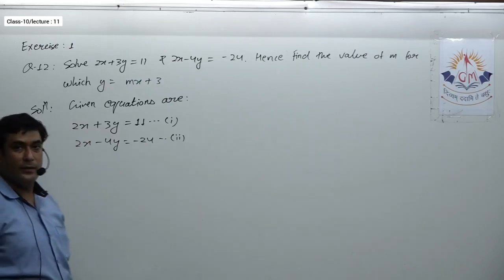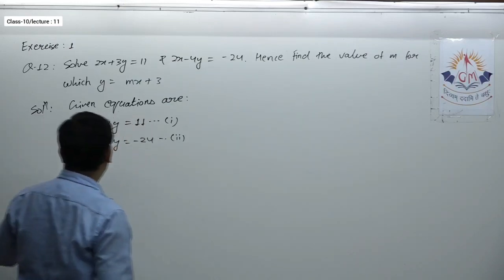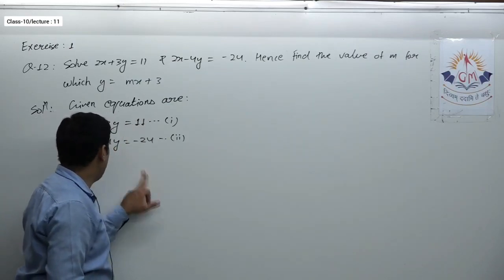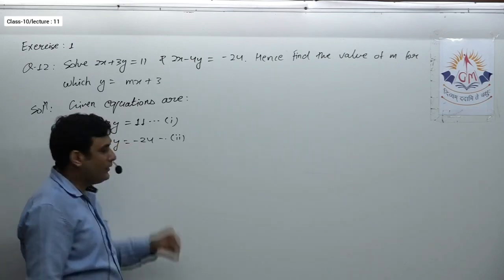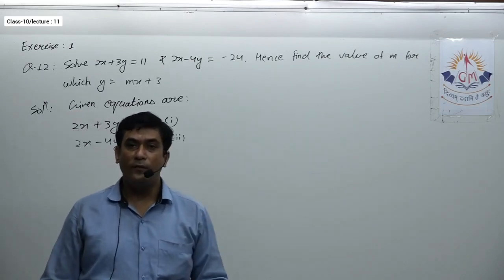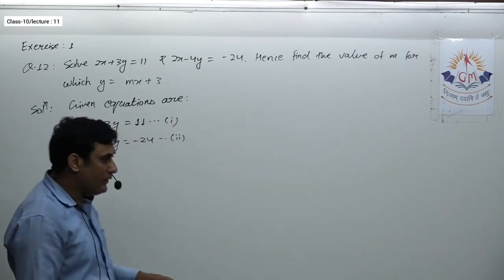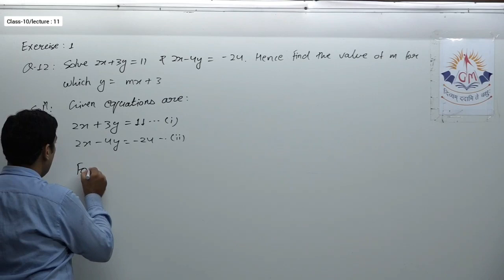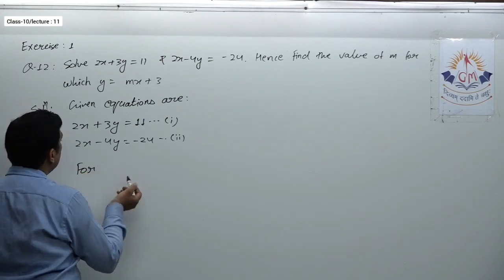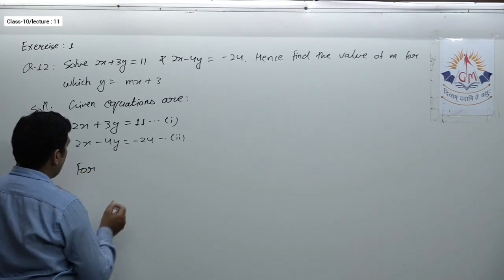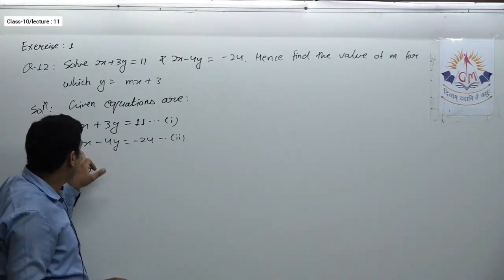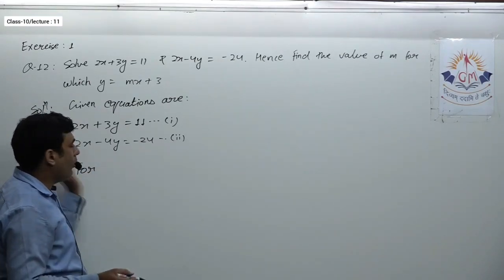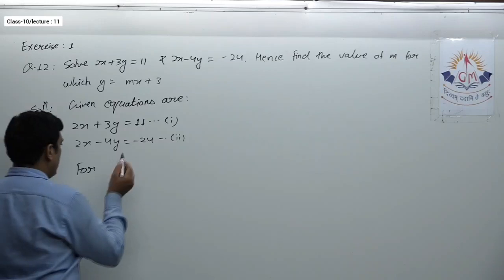As I discussed in our earlier classes, we have to obtain the value of any one variable from any one equation, and that value will be substituted in the other equation. From the second equation, I am taking the second because here 2x, 4y, 24 are all divisible by 2.